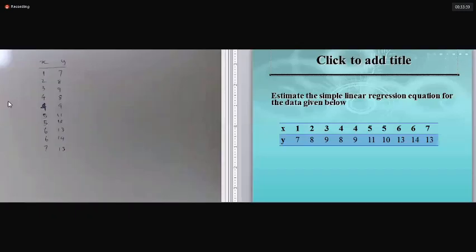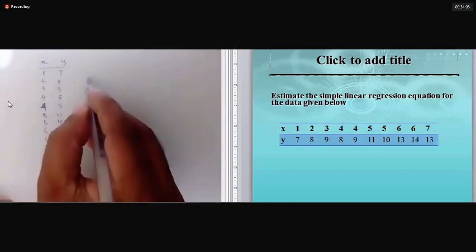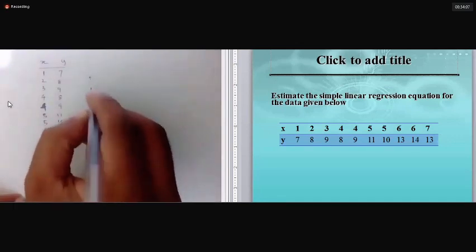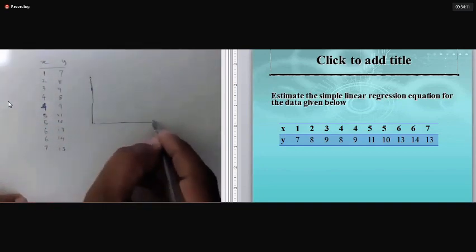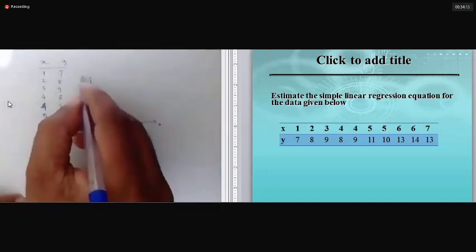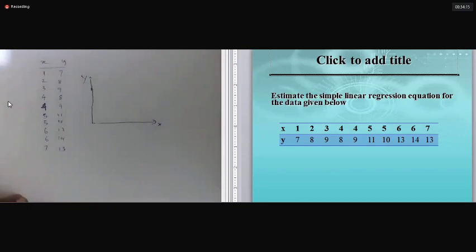Okay, if you have finished, do this small exercise. With this x-axis and y-axis, can you roughly plot these values and tell me what the relationship is, whether it is a positive relationship, a negative relationship, or there is no relationship?